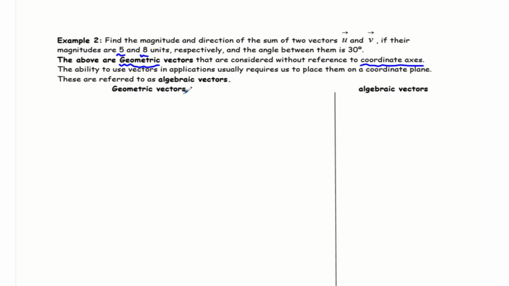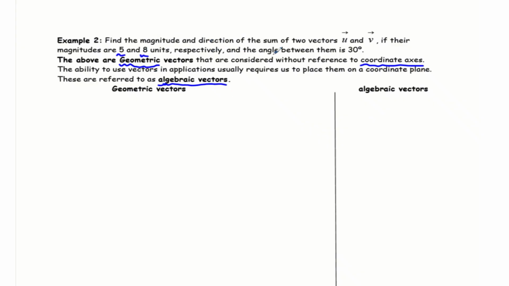Later we are going to see if we put them in the xy coordinate system, it will be easier. And if we put those in the xy coordinate system, we call those vectors algebraic vectors. So we are going to show you both methods to find the resultant vectors.